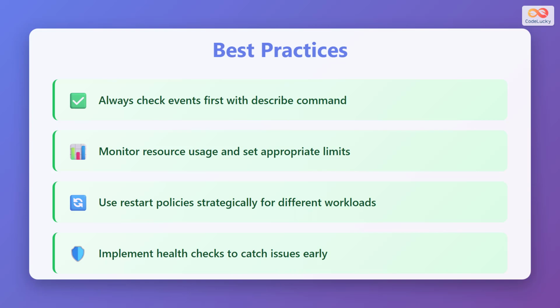Use restart policies strategically, choosing always for long-running services, on failure for batch jobs, and never for debugging scenarios. Finally, implement proper health checks with liveness and readiness probes to catch issues early before they impact users. By following these practices and using the systematic approach we've covered, you'll be able to quickly diagnose and resolve most pod issues in your Kubernetes clusters.